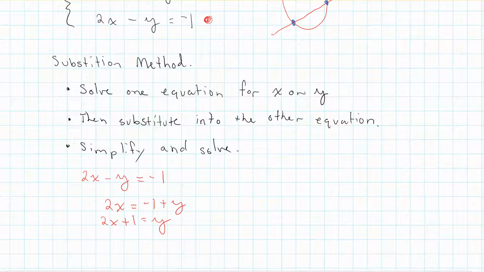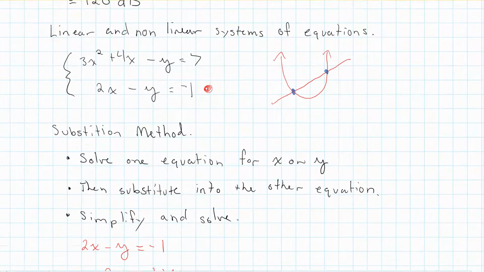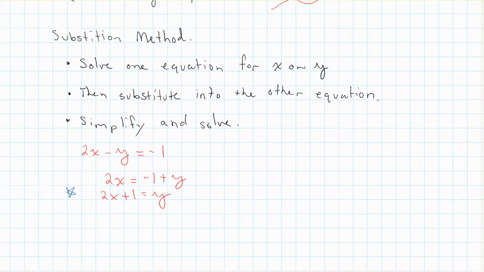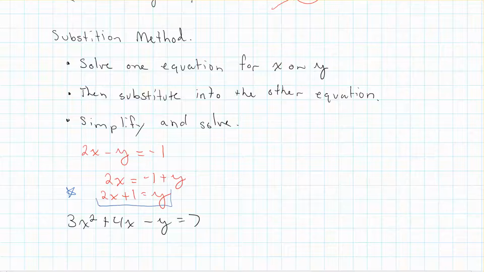Now what I'm going to do is take this equation here, the 2x plus 1 equation, and substitute it up into this equation. So what do I have here? I have 3x squared plus 4x minus y equals 7. So again, what am I going to do? I'm going to take this, and this is where the name substitution comes in, and substitute it in here.